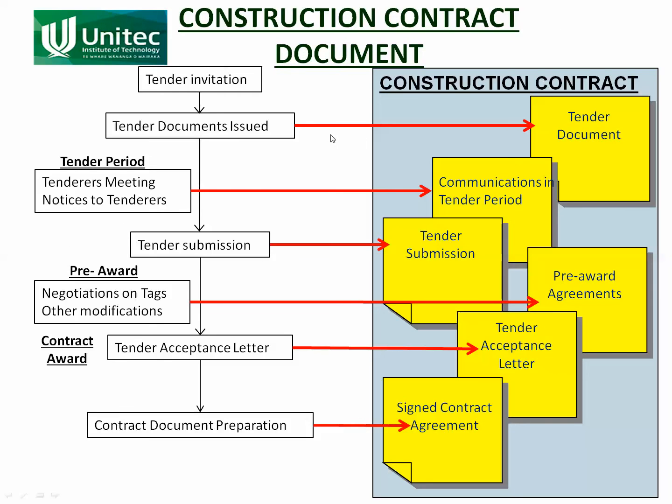Let's look at the way now we're looking at the construction contract. So the tender document is just the first part of the construction contract. It is put out right at the beginning of the tendering process, and it is the principal's view of what the contract agreement is, but that is changed as the tendering process goes through.